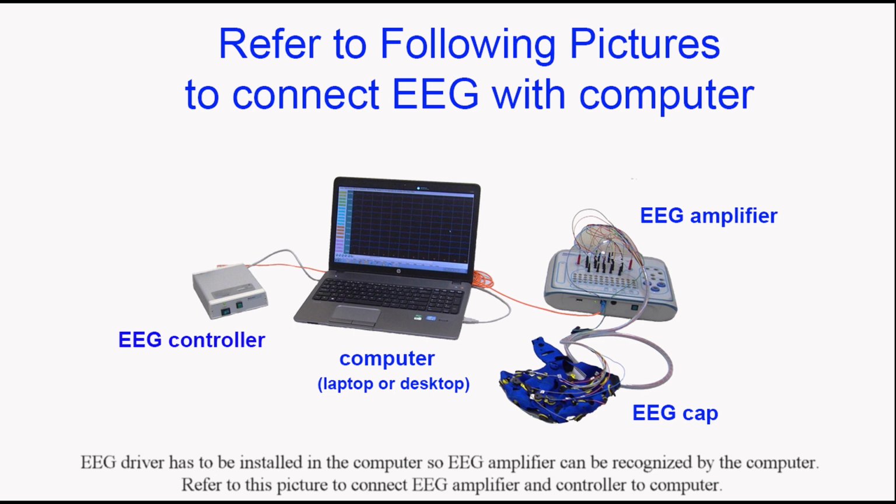EEG driver has to be installed in the computer so EEG amplifier can be recognized by the computer. Refer to this picture to connect EEG amplifier and controller to computer.